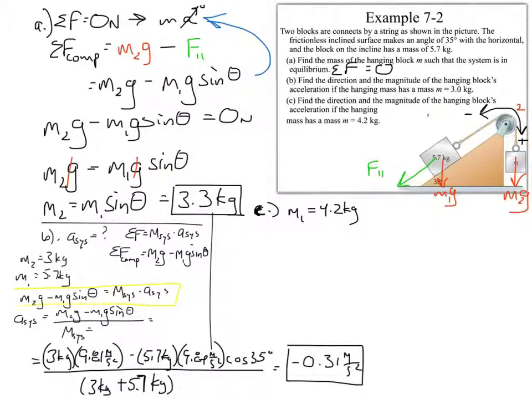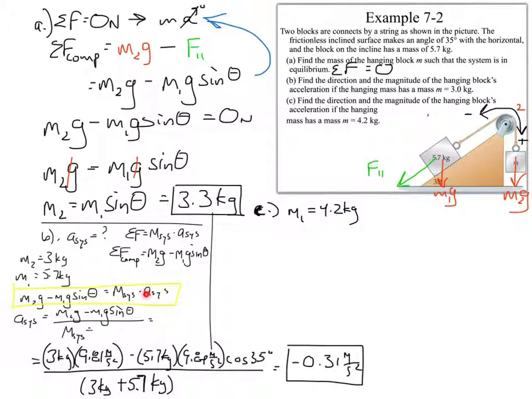This right here is essentially the exact same problem as part B. The only difference is we've got a different mass for mass 2. So I'm going to immediately jump right to this statement right here because this is a component statement for net force and a system statement for net force set equal to each other.